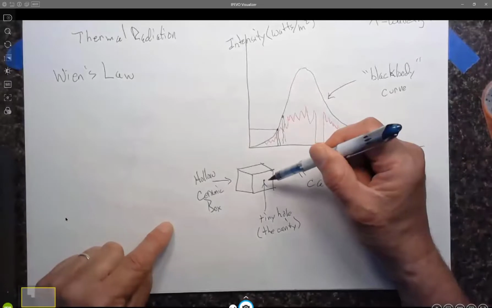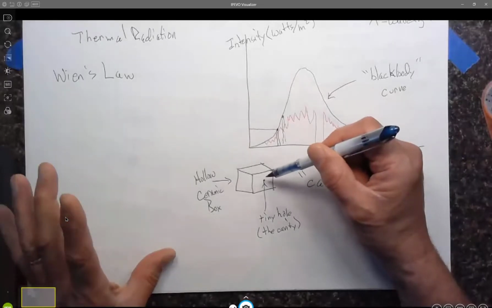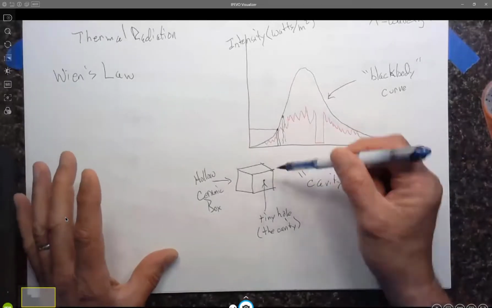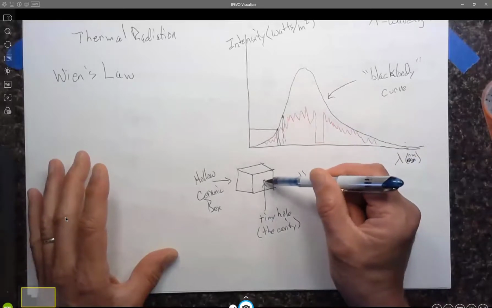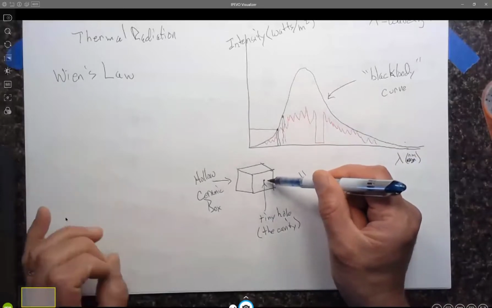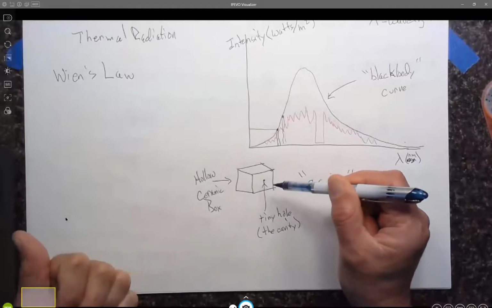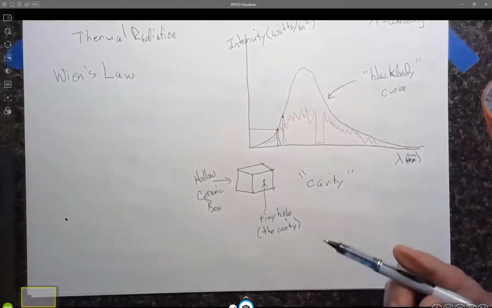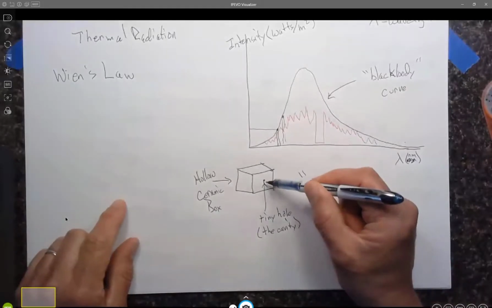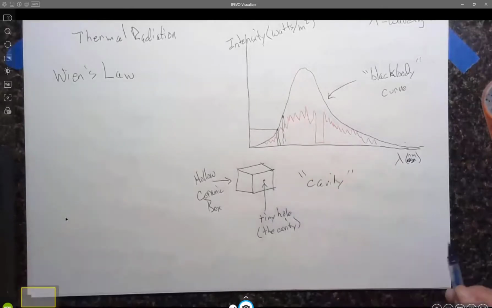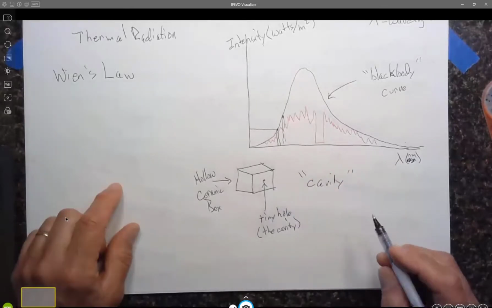When the objects in the kiln begin to glow, the tiny hole in the side of the box will glow brighter than anything in the kiln. And the hotter it gets, the brighter that tiny hole glows. That's a very interesting thing.